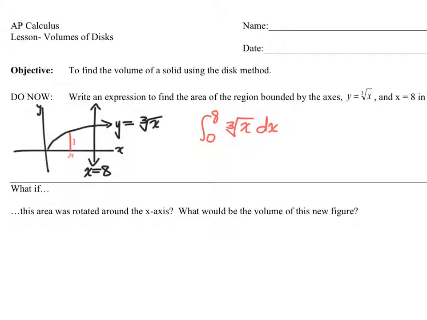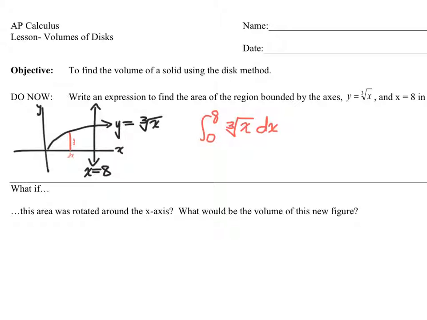So the area of this rectangle is dx times y, with y being specifically the cube root of x. Right? So it goes back to the idea that any distance in space can be represented by x comma y, the ordered pair, where x is the distance from the y-axis and y is the distance from the x-axis. All right, so that's going to be an important idea moving forward.